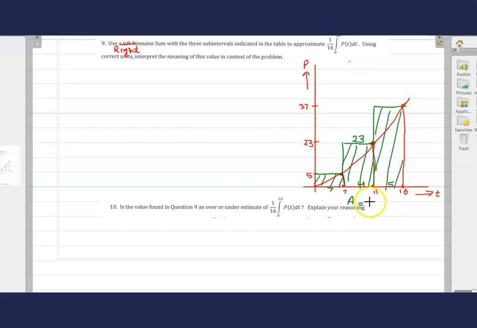And we use the same area formula, width times height. The area of the first rectangle is 7 times 5, plus the area of the second rectangle, which is 4 times 23, plus the area of the third rectangle, which is 5 times 37, and we get the value.